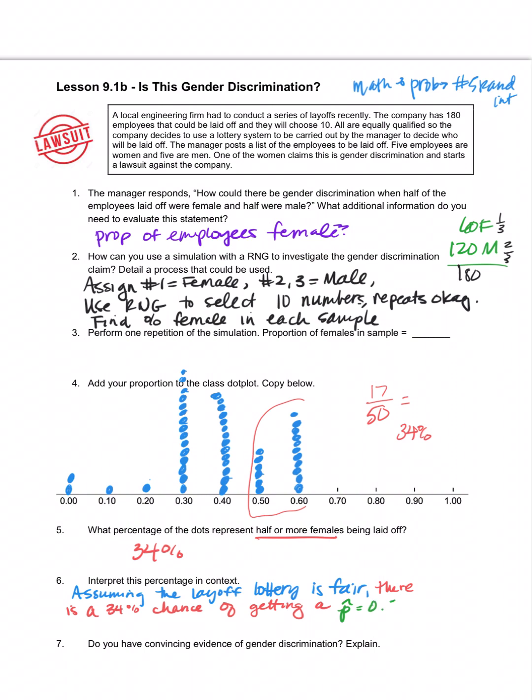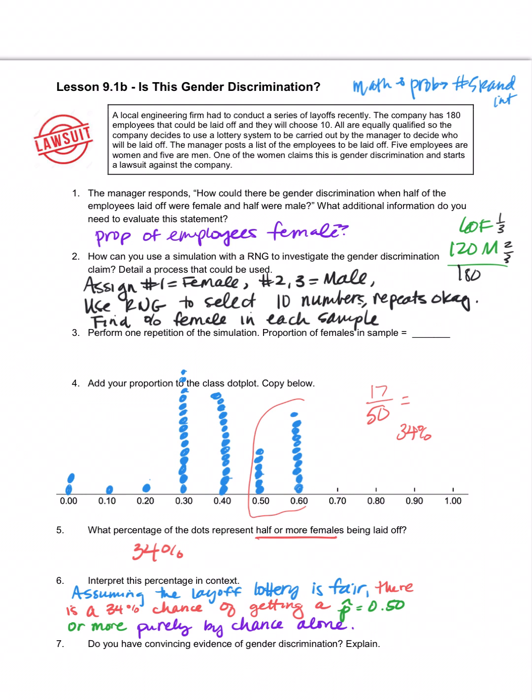A p-hat of 50% or more purely by chance alone. You can say chance alone or by random chance alone, something to that effect. Assuming the layoff lottery is fair, there's 34% chance of getting a sample of 50% or more purely by random chance. Are we okay? Logically, we're good?